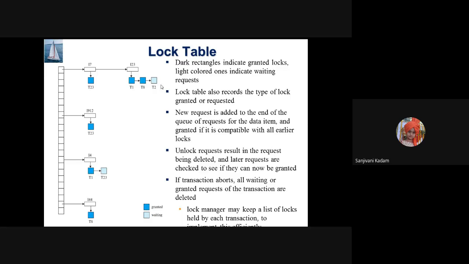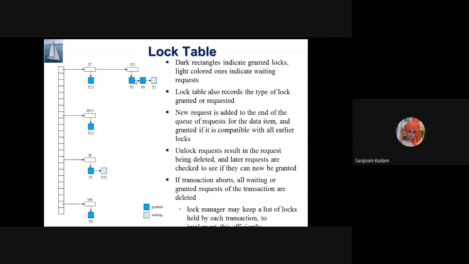Next, if a transaction aborts, all waiting or granted requests of the transaction are deleted. So consider that here we have a termination or abort of the T1 transaction. Whatever data item is held by T1 here, this block will be deleted, indicating that this lock will be unlocked, and hence this is rollback.